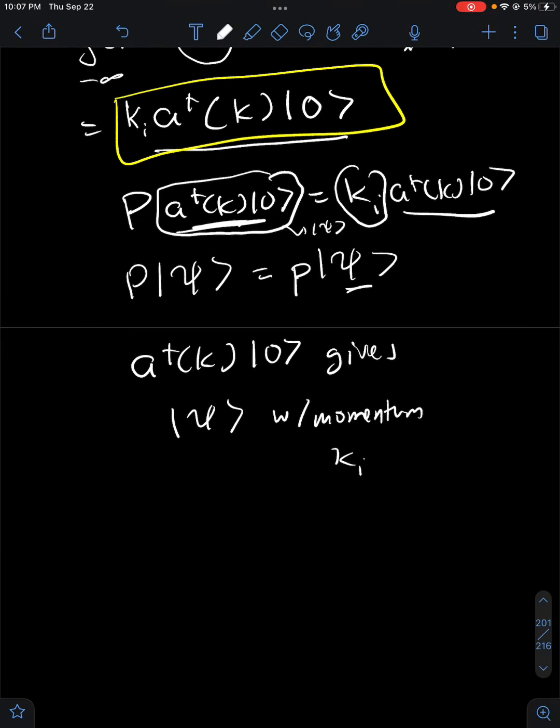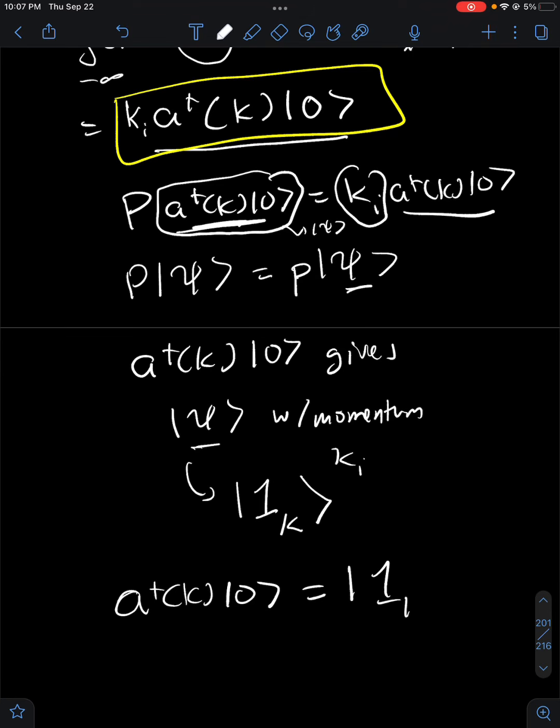So since this psi is the momentum eigenstate, we like to use the term 1 subscript k to describe that, since it's one particle with momentum k. In other words, A conjugate k acting on the vacuum state is just going to give us a state that has momentum k, which we label like this.